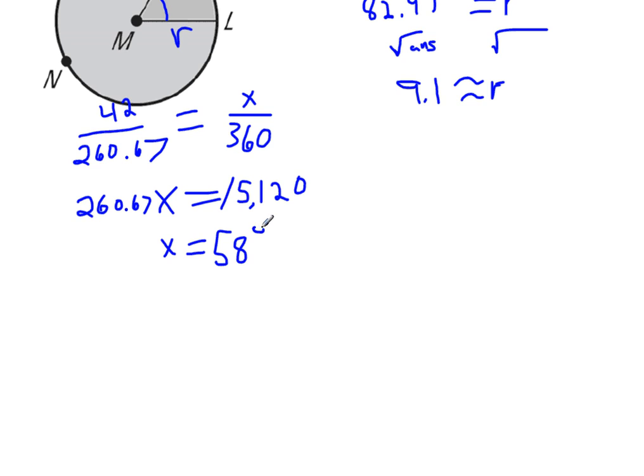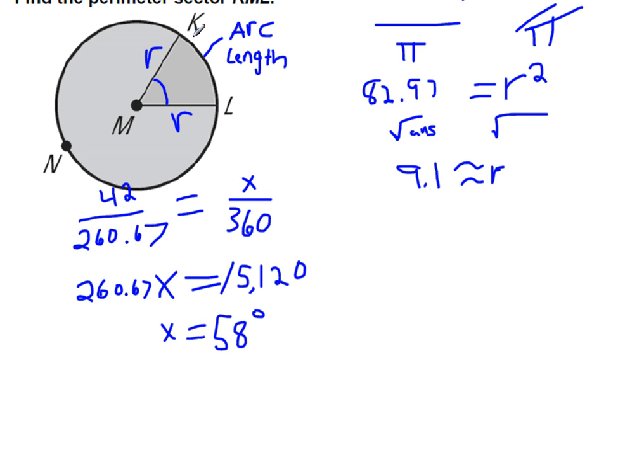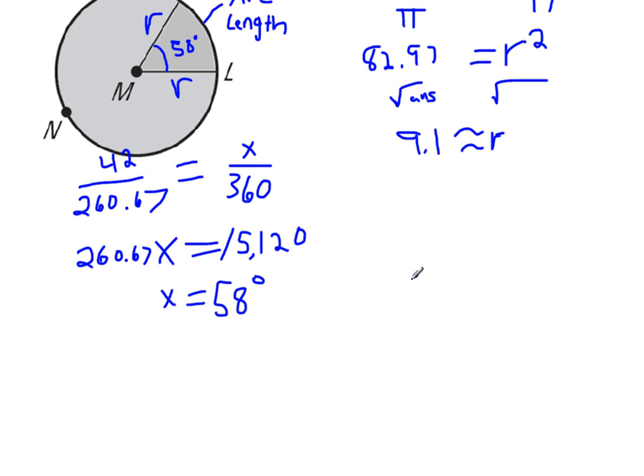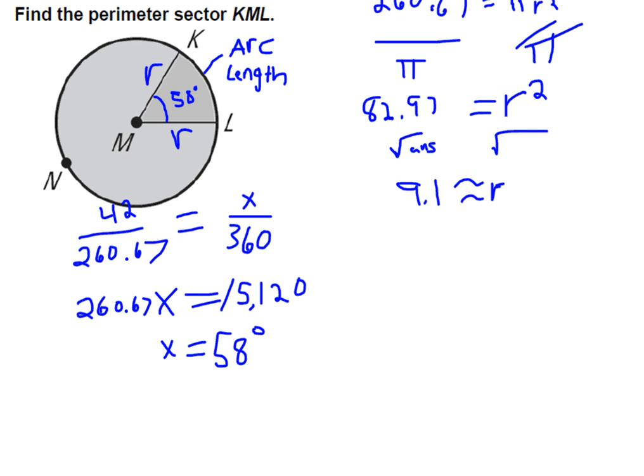Now, that's 58 degrees. That's not my answer for the arc length, but now I know that this is 58 degrees. So now I can use the formula for arc length that we learned on Tuesday. And so what I do there is I put 58 over 360.